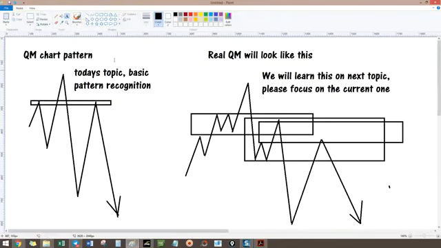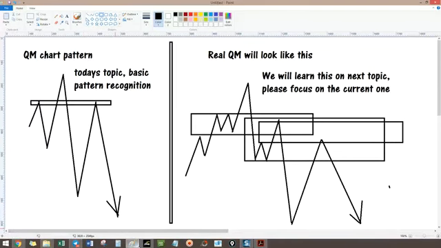Okay, see the difference? I will teach you, don't worry, but master this first, recognize, and then we will learn about this. Okay, this is something really advanced. But to understand this, you need to master this first. All right.